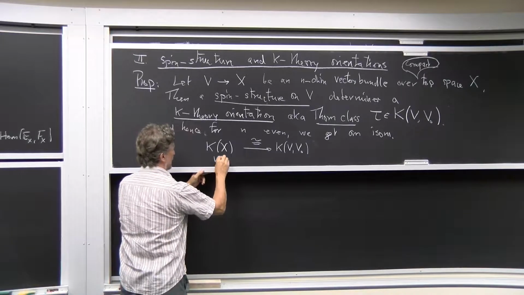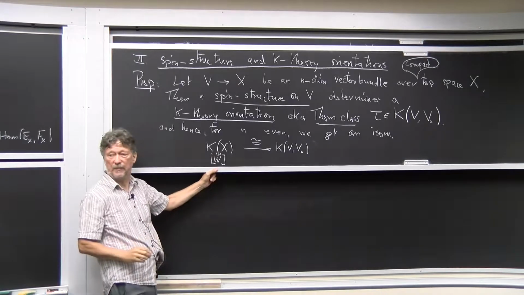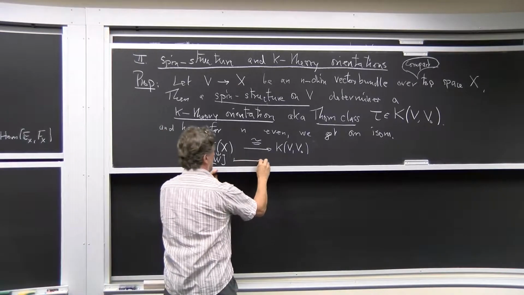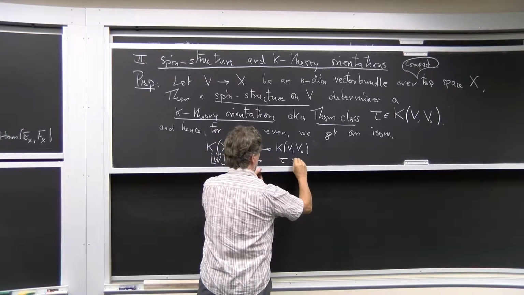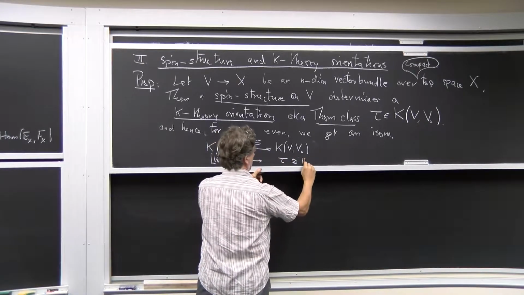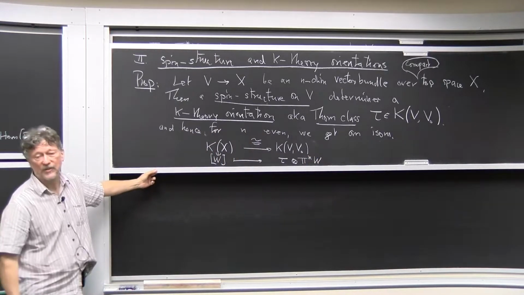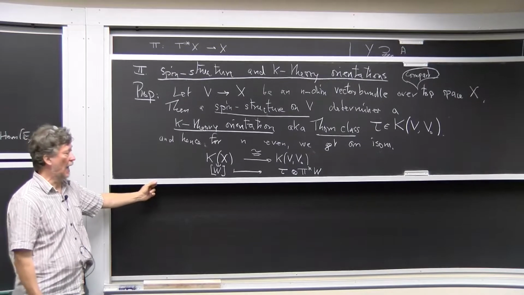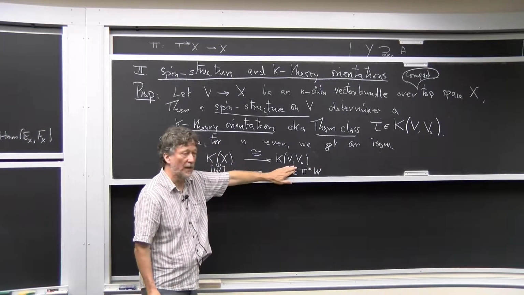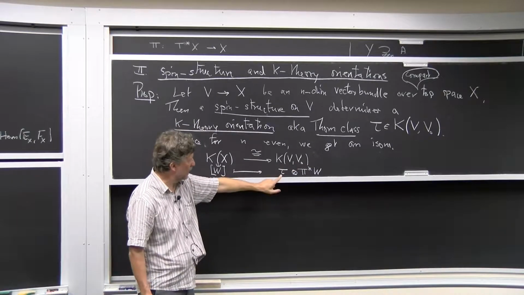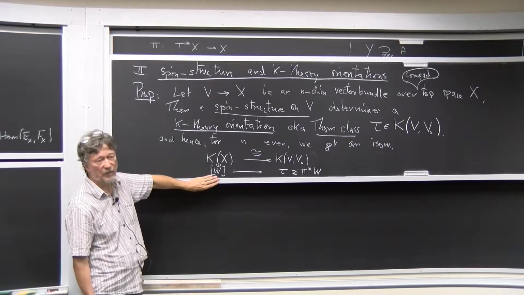I take a vector bundle W, right? Every element in the K-theory of X is represented by some vector bundle. And then I take this K-theory class and I can just tensor it with the pullback of W. So that's a statement of the Thom isomorphism, that if you have a Thom class, then any element in this relative K group is given as a product of that Thom class times the pullback of a vector bundle coming from the base.